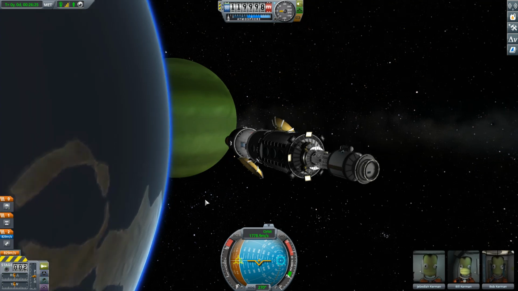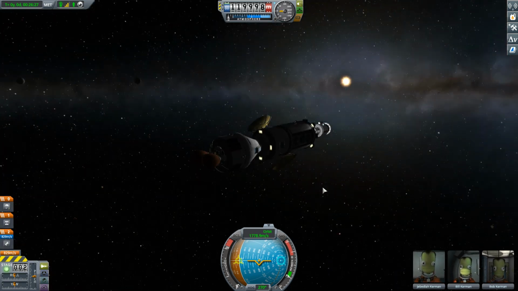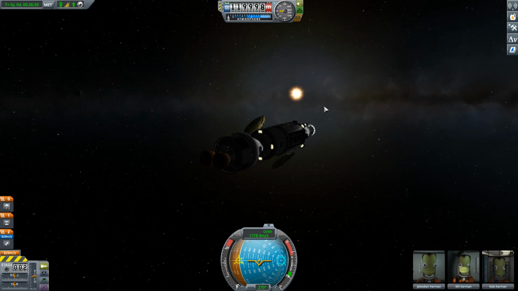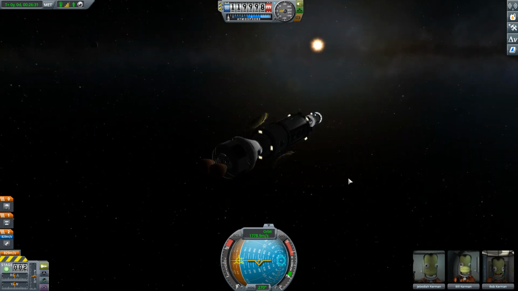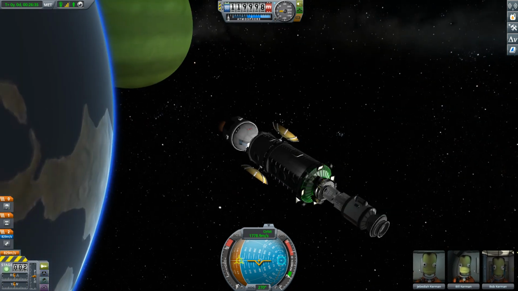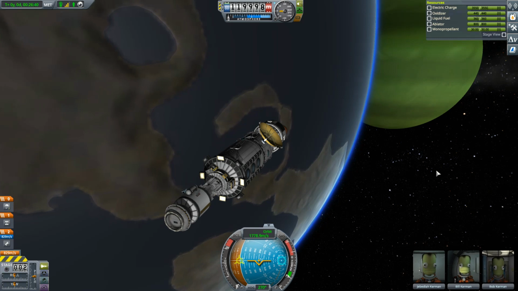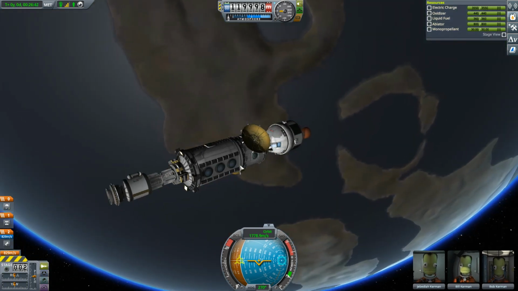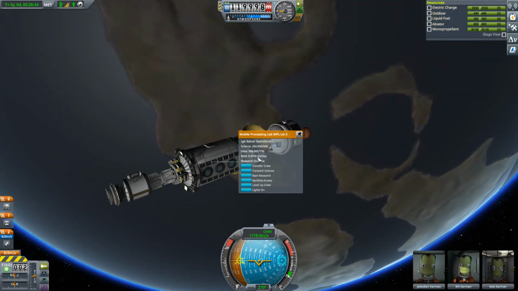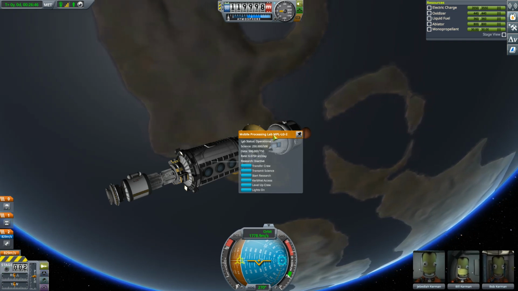So here we are around Laythe. There is the sun, nice and tiny in the background, but we aren't reliant on the sun now for our electricity needs. So let's take a look at electricity. We are fully charged batteries. Let's put it through the first test once again by transmitting away our 250 units of science.